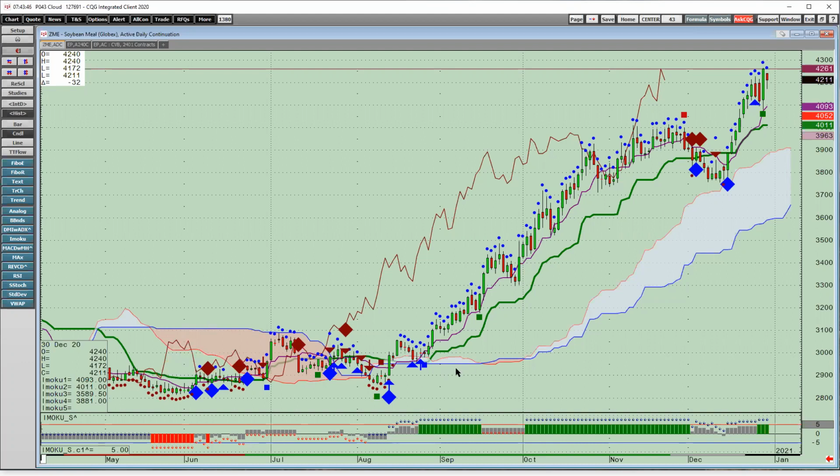So the flat surfaces are a major feature of looking at the cloud system, because we are looking at midpoints of ranges. We're not looking at closes. So the basic idea is the same as the purple, other than the fact that it's a longer time period.